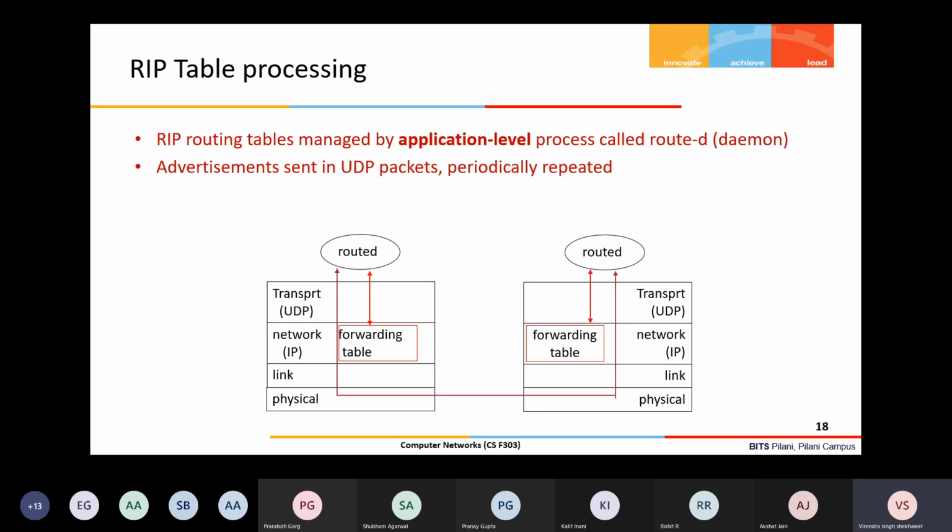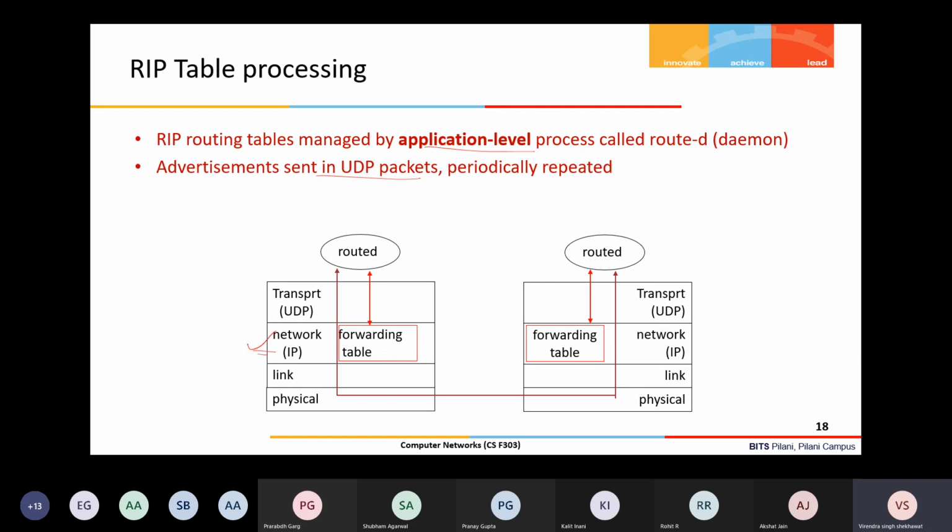RIP routing tables are managed at the application level. RIP is an application which runs at the routers, and it uses UDP packets at the transport layer. It is used to construct the forwarding table at the network layer.